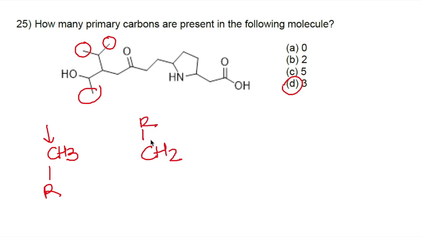To give you an example, this would be a secondary carbon, this one 2, this one 2, this one 2. And a tertiary carbon is the one connected to 3 R's. For example, this one right here will be tertiary, and this one right here will also be tertiary.